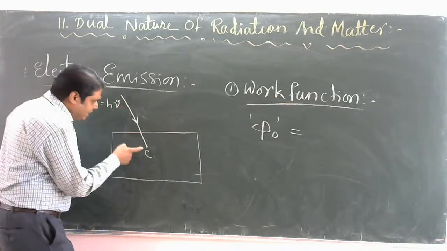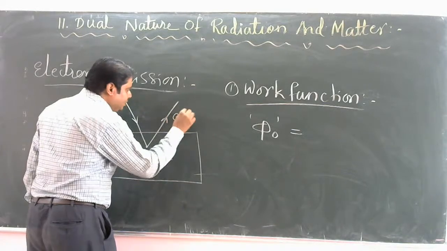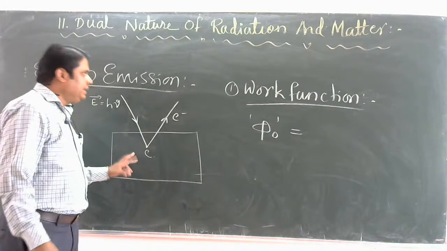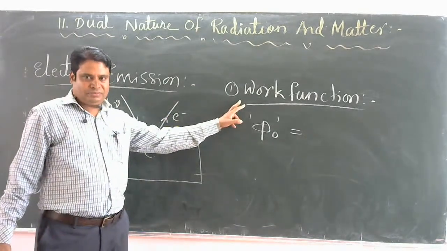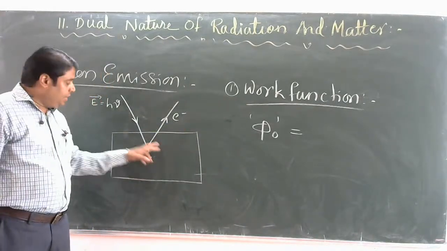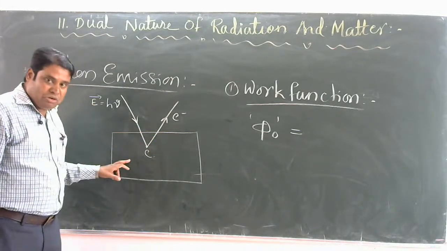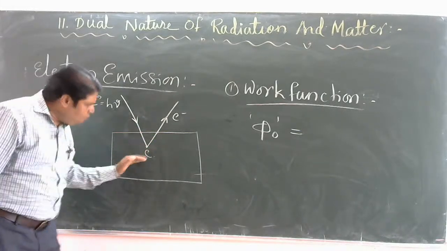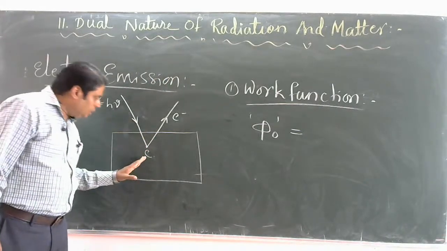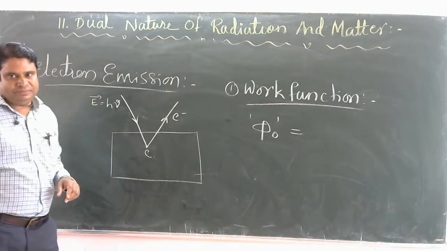The minimum energy required to liberate this electron from the metal surface is called work function. Or the minimum energy required by this electron to move away, or to be emitted from this metal surface, is called work function.